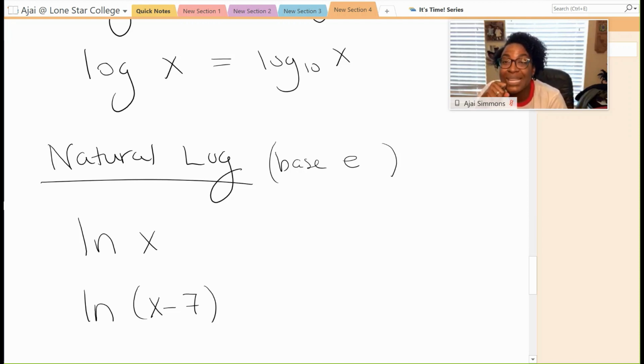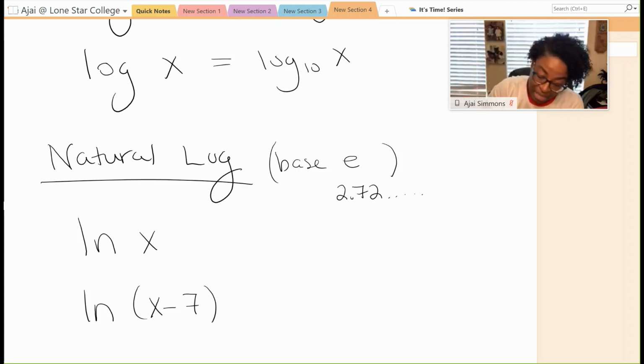Okay, the base is e. e is equal to 2.72 something. It's kind of like pi. You know how pi is equal to 3.14 and so on. Well, in the logarithmic exponential world, there's a common constant, and it's e, and that e is equal to 2.72 something, right? So whenever you see ln, in your mind you need to say, okay, that means log base e.